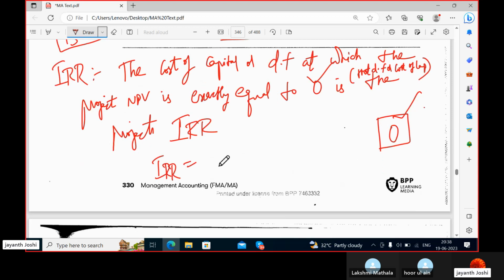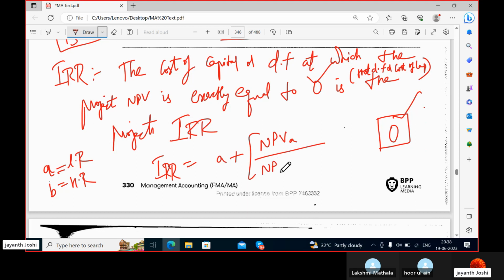IRR formula is A, that means the discount factor at, let's say, the lower rate, and B. So here A is the lower rate and B is the higher rate. So lower rate plus NPV at lower rate divided by NPV at lower rate minus NPV at higher rate, into higher rate minus lower rate. So we'll do this here.